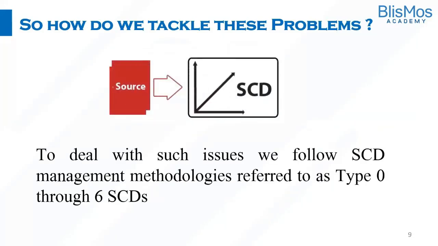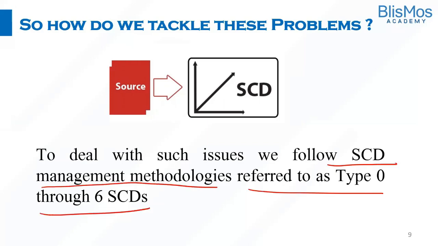To deal with such problems, we follow SCD management methodologies referred to as type 0 through type 6 SCDs. With SCD, we store and manage both current and historical data over a period of time. Whenever you are building the data warehouse, you have to give due consideration to SCD.